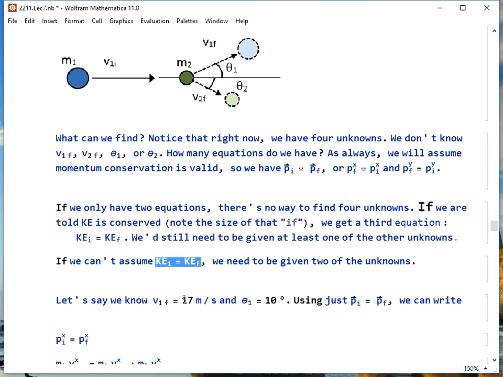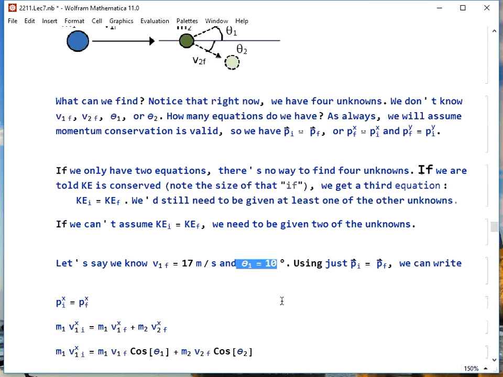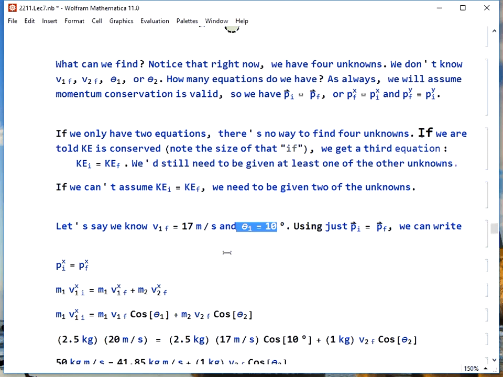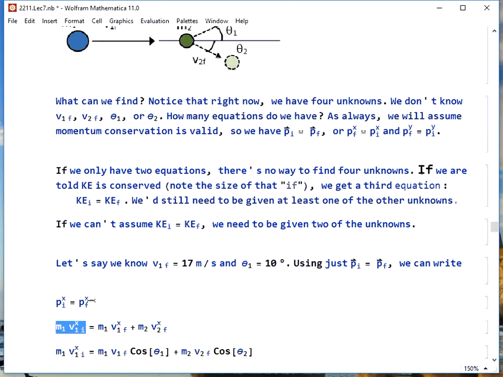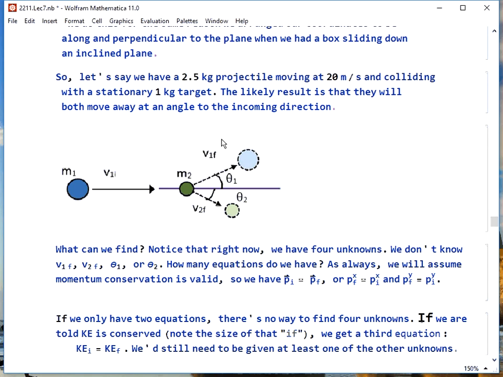So let's say we have the 2 unknowns, v1 final is 17 meters per second and theta 1 is 10 degrees. Using conservation of momentum, px initial is m1 times v1x initial, which is our 20 meters per second since we picked our x-axis to lie in this direction.